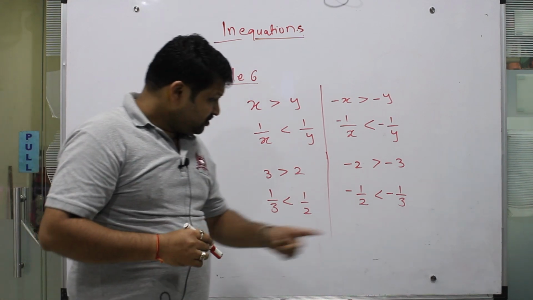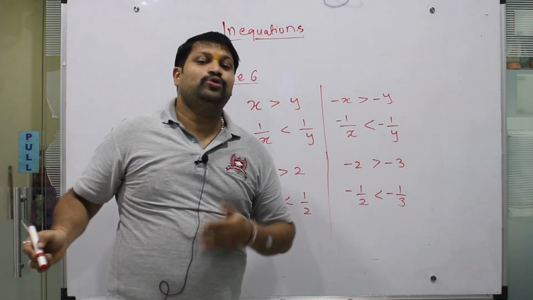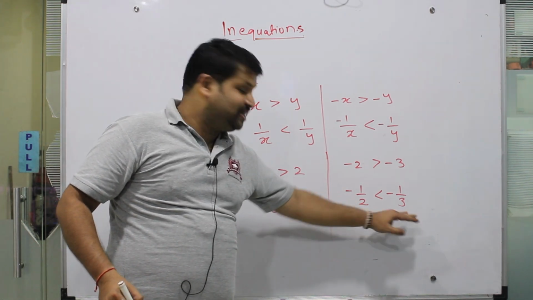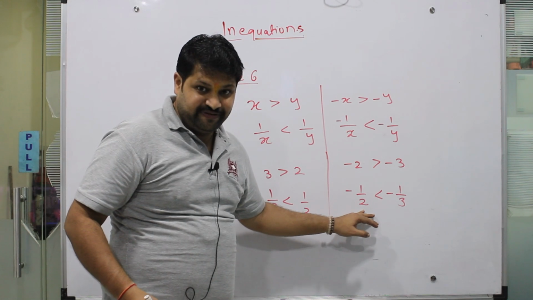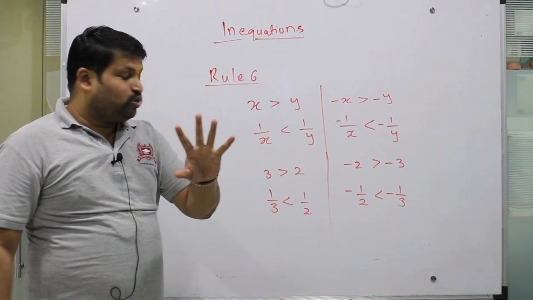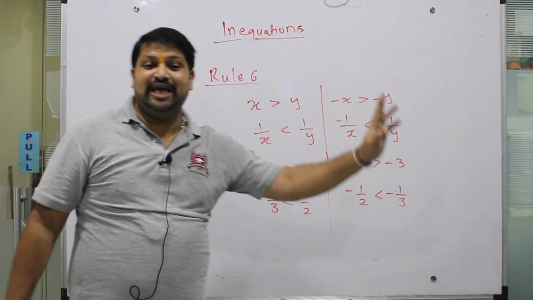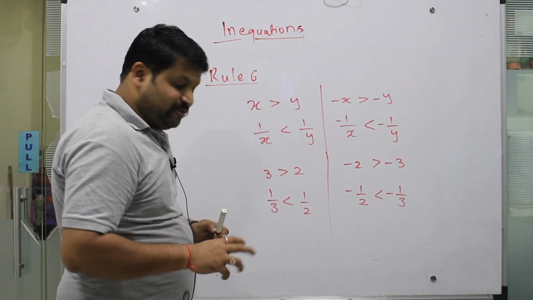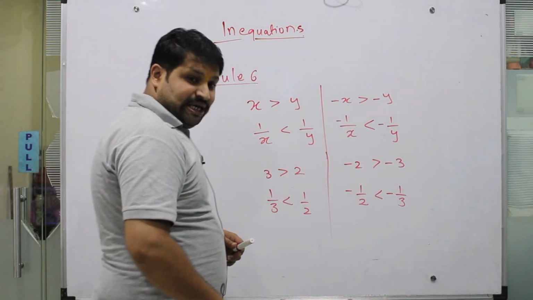Because -1/3 is going to be closer to 0 as compared to -1/2. It is -0.33 and this is -0.5. So this is going to happen when both of them are having same signs. What if they don't have the same sign? Then what would happen? So let us give it a quick review and see.